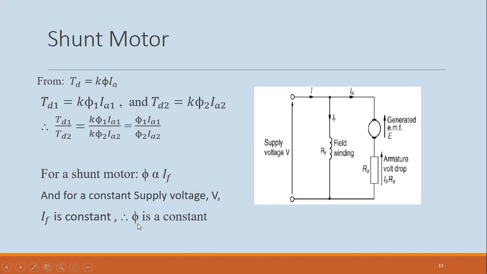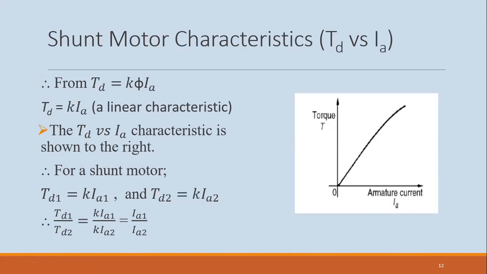So in that experiment, we were seeing a variation of the field current and hence a variation of the flux, and that did have some impact on the machine's operation.